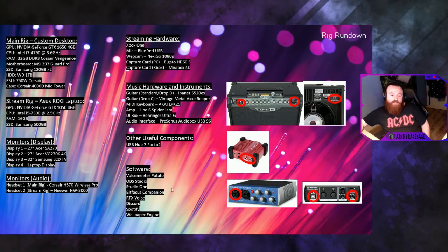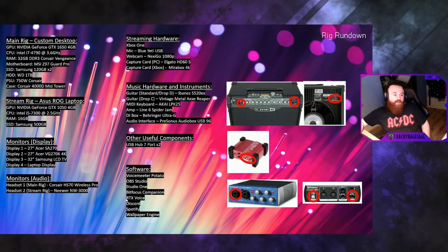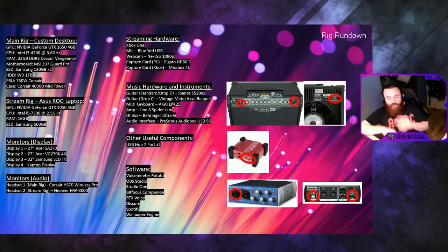The software I use that I'm going to be talking about: Voicemeeter Potato, the main one, OBS Studio, Studio One, Bitfocus Companion, RTX Voice, which is used for my mic to go into Voicemeeter, rather than just the mic going straight to Voicemeeter raw.